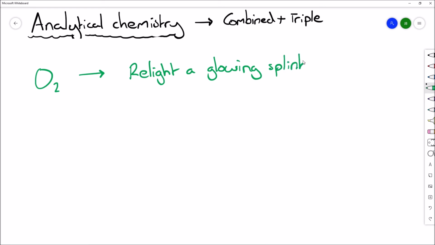So what you'll do is you'll have a glowing splint that you've just blown out. You'll put it into a test tube that contains what you think is oxygen, and it will reignite and go back on fire. And that is because oxygen is one of the parts you need for fire to occur. It's one of the fire triangle. So you give it a massive amount of oxygen, you'll relight a glowing splint.